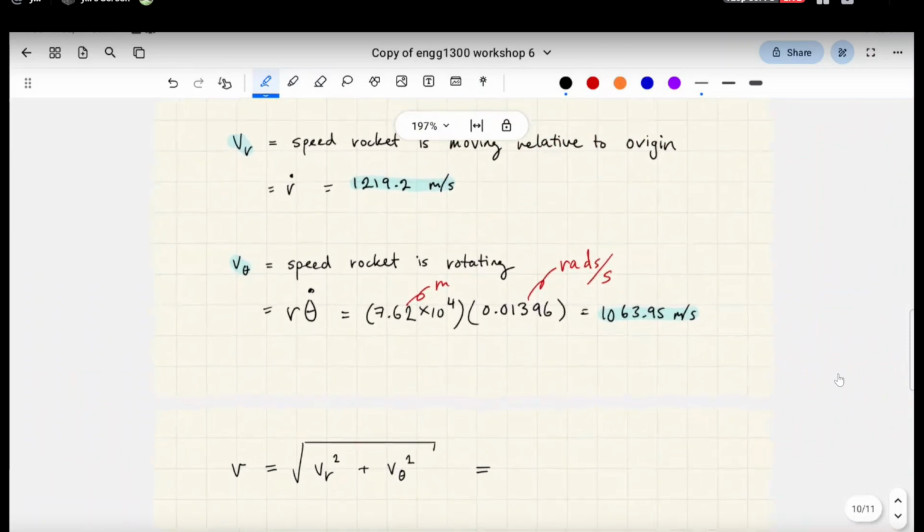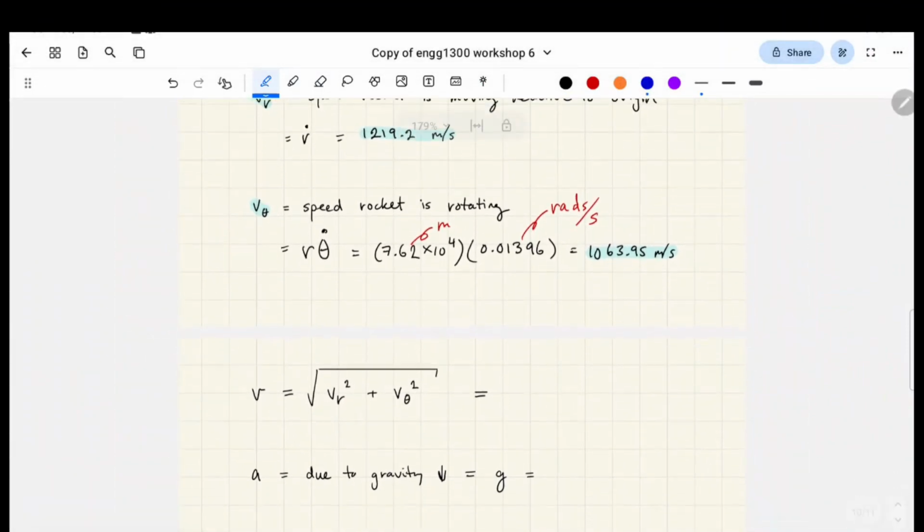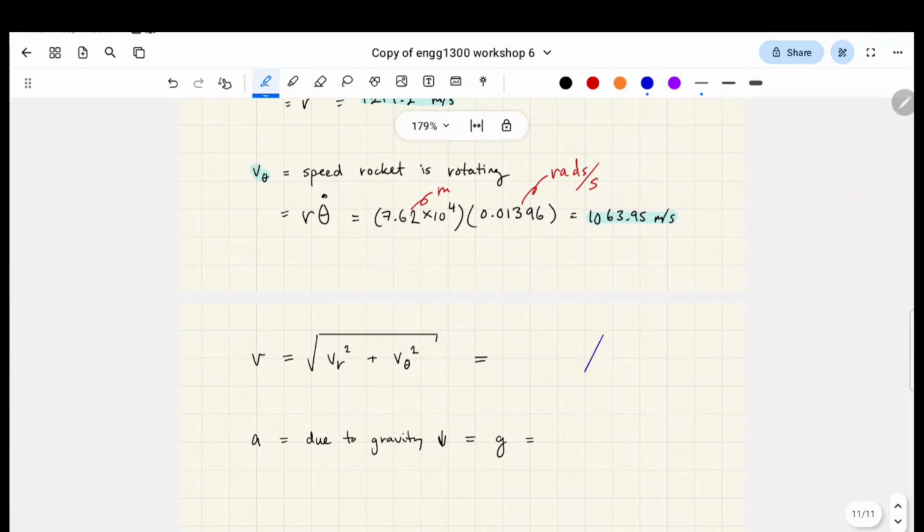Okay, and now, so we had the radius between the satellite origin here and the rocket here as r, and then we had our directions going this way and this way.